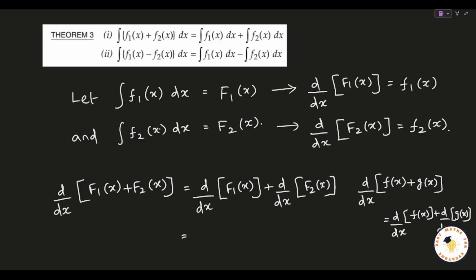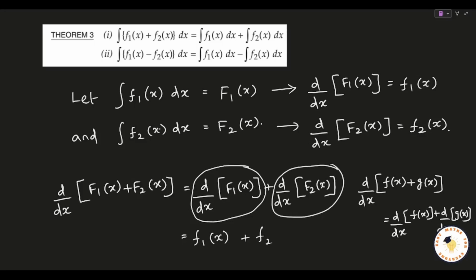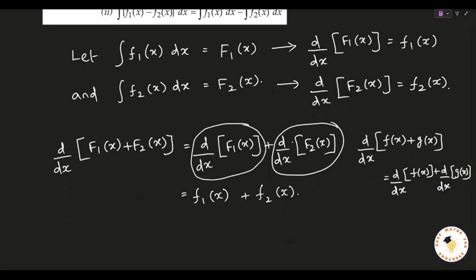Again, we have kept d by dx of F1 of x equal to small f1 of x. So, this will become small f1 of x and this will become small f2 of x. So, we have obtained differentiation of capital F1 of x plus capital F2 of x equal to small f1 of x plus small f2 of x.